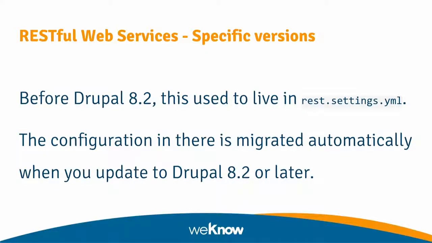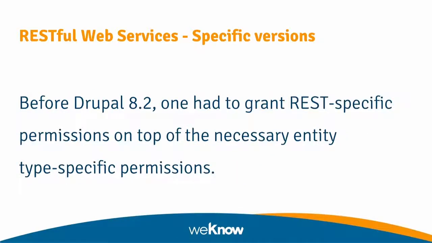Actually, if you're running anything lower than 8.2, once you go to 8.2 or later, it'll be automatically migrated. The other big difference is before 8.2, you had to grant REST-specific permissions. So you had to tell users, unauthenticated users can't access my REST API. And then on top of that, for each one of the endpoints, you can specify who has access to this endpoint.